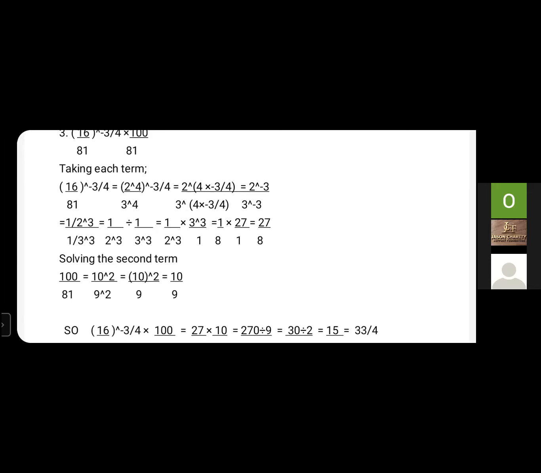For instance, we have 2 raised to the power of minus 3. Applying the negative indices to this, we have 1 over 2 raised to the power of positive 3. We have a positive power. The reciprocal of 3 raised to the power of minus 3 will be 3 raised to the power of positive 3. So we have 1 over 2 raised to the power 3, all over 1 over 3 raised to the power of 3.